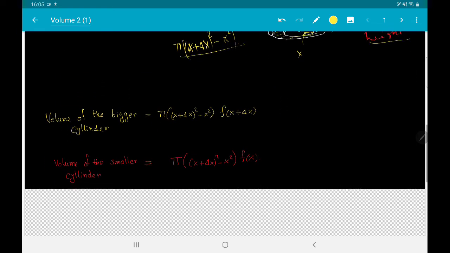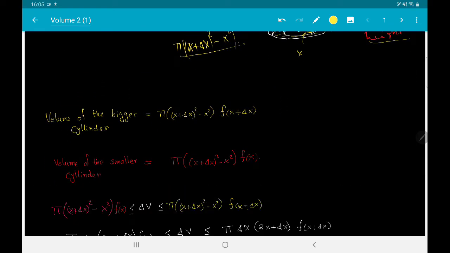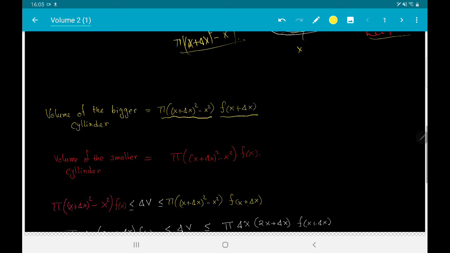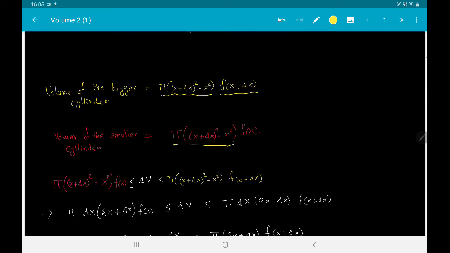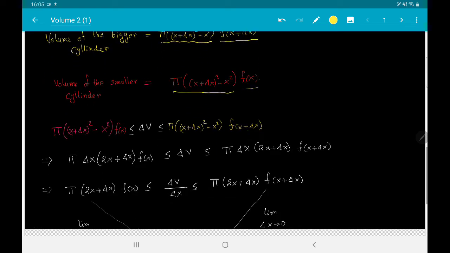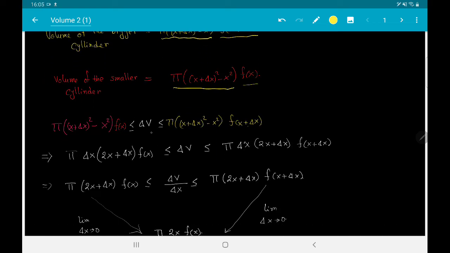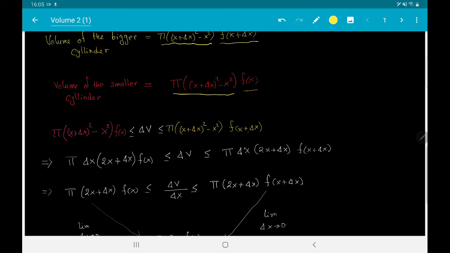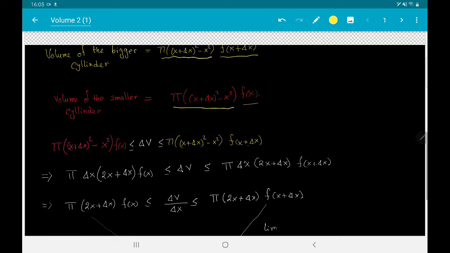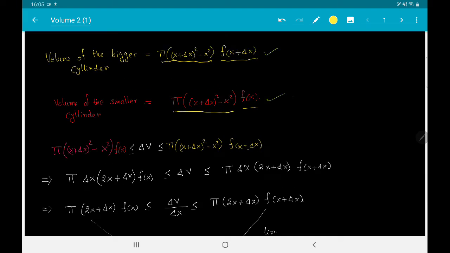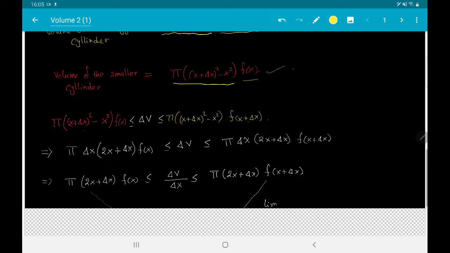So if we want to summarize, the volume of the bigger cylinder is given by the area of the base times the height of the cylinder, and the volume of the smaller cylinder is again the area of the base times the height of the cylinder. So in principle, what we have shown is that delta V is now caught between these two quantities that we have written down here: the volume of the big cylinder and the volume of the small cylinder.